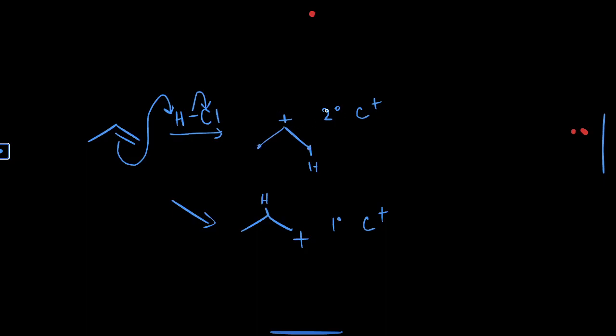So this carbocation is able to share the burden of the positive charge with two other carbons. It is much more stable than this carbocation, which only has one other carbon to share that positive charge with. And so this one is going to be less likely to form, as it is less stable.